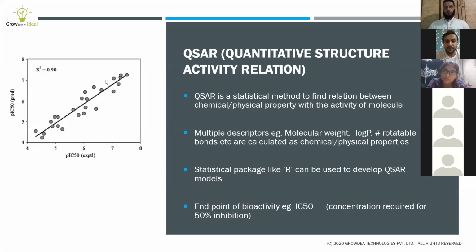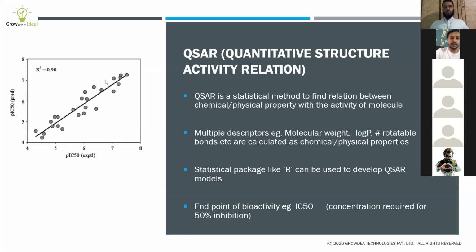I think by now you all are very clear about what we are doing in QSAR: we are establishing a relation between the property and the activity, or the property and the IC50. When we say property, it could be chemical property or physical property, like molecular weight, log P. I will discuss more on that. There are many packages available.